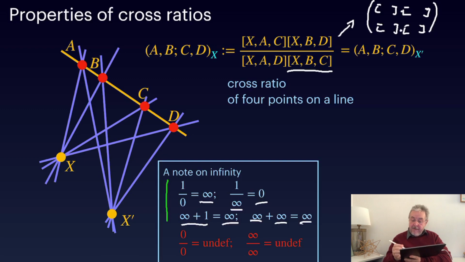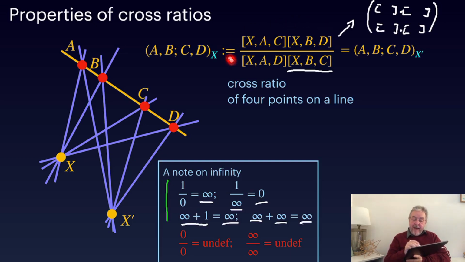So among those vectors, we identify scalar multiples. This is exactly what fractions do. And as a matter of fact, dealing with infinity in such a way really corresponds to considering this here as a 2-dimensional vector, thinking of it as a projective point, and this infinity here really corresponds to the situation that we have a 0 in the last entry here, which corresponds to a point that is infinitely far away.